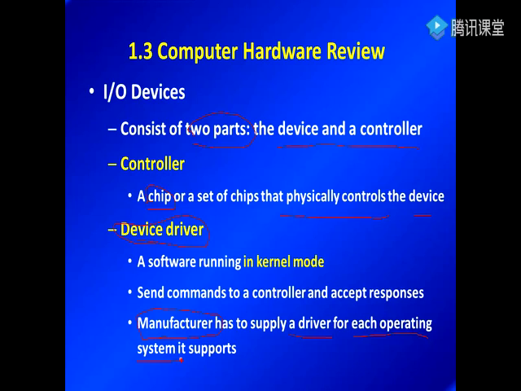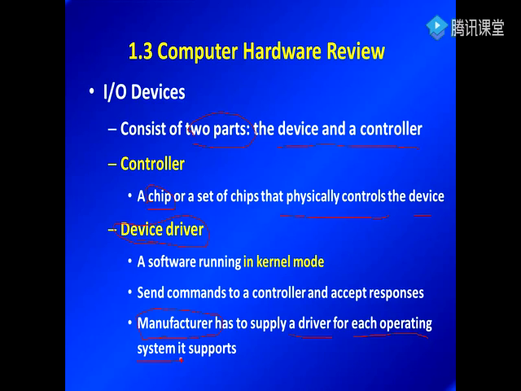But we have different operating systems. It means different operating systems need to transfer the requests from the application program into commands to the driver of the specific device.